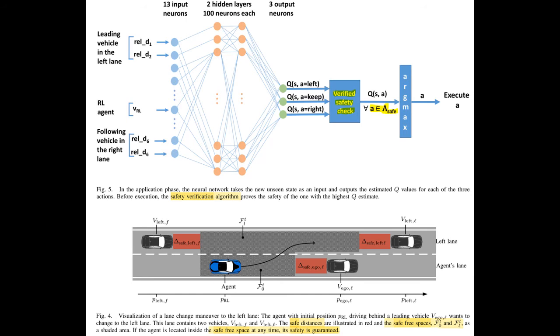And here you see the process of checking. It actually reduces the set of possible actions, and then you just apply the argmax over the Q function, similar to the tabular case I've been showing. And whether it is considered safe or not is in terms of this zone, this region.